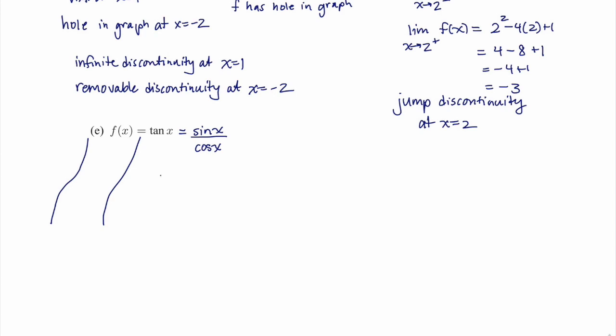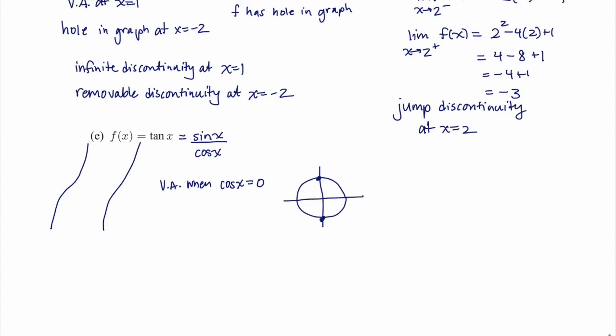So I can see these will have a vertical asymptote when cosine of x equals 0, right? When the denominator is 0 and the numerator is not. And so I like to go back to my unit circle and think cosine of x, that's the x coordinate. So cosine of x is going to be 0 at these two spots in the unit circle. That's pi over 2, 3 pi over 2, 5 pi over 2, 7 pi over 2, and so on.